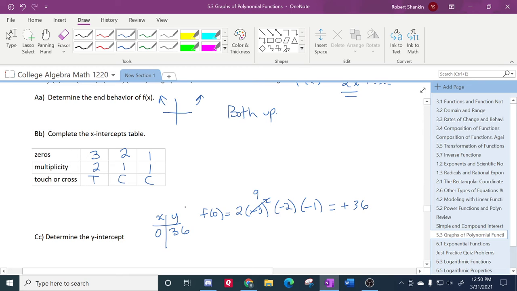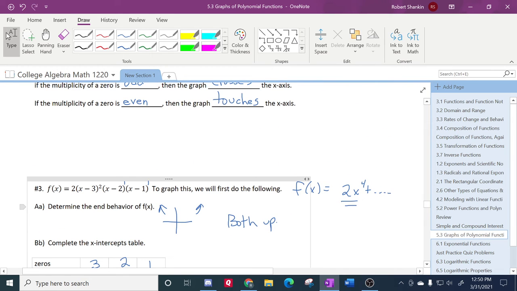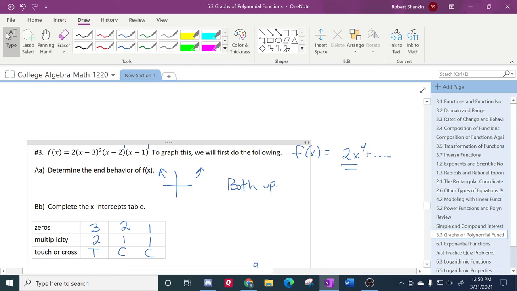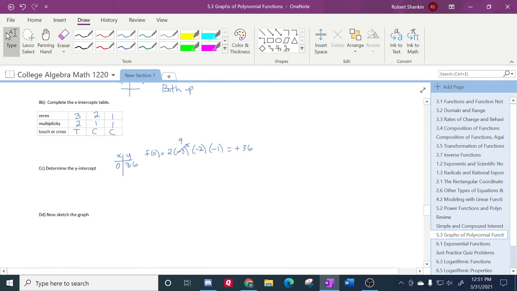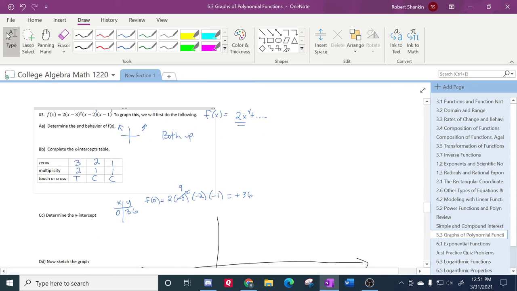So we have the y-intercept, 3 x-intercepts, and we have the end behavior. With all that information, we can now sketch a graph. So I need to make my scales the right size. The x's only need to be as large as 3. The biggest x-intercept is 3.